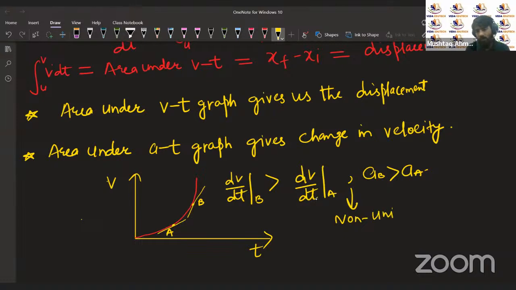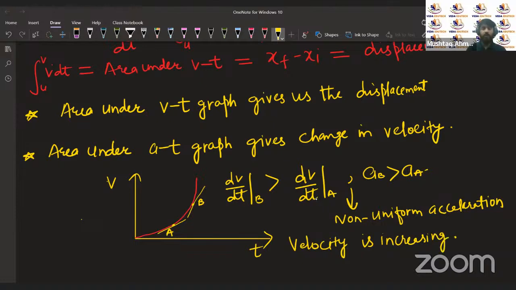Acceleration here is not constant, it is different, so it's non-uniform acceleration. And velocity is increasing.